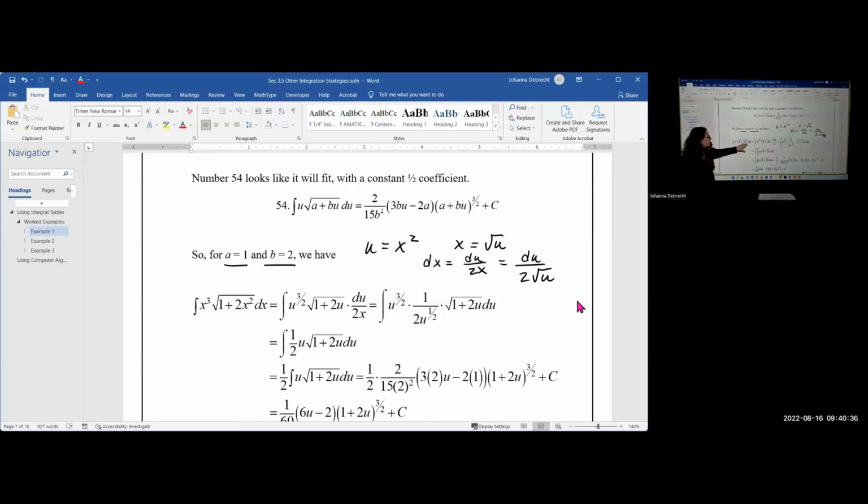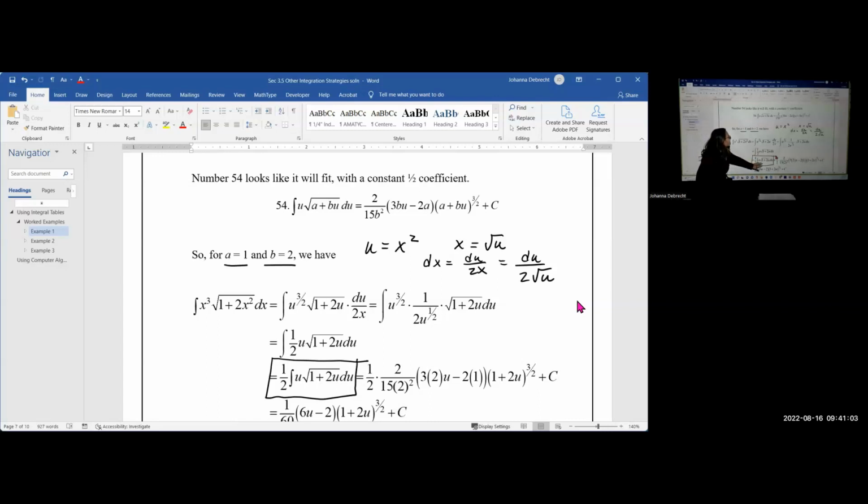Our 1 plus 2x squared becomes 1 plus 2u. Simplifying u to the 3/2 over u to the 1/2, we get u to the first with a 1/2. Pull the 1/2 out, and that brought us to u square root of 1 plus 2u du. This was the pattern that we were trying to find when we were looking in the integral tables. So this is the one we have.